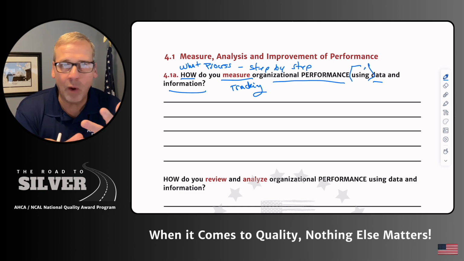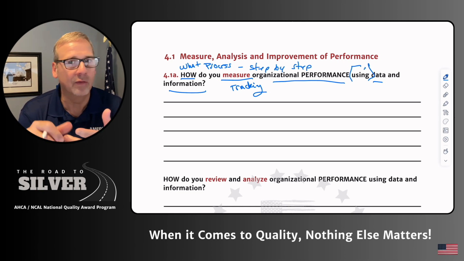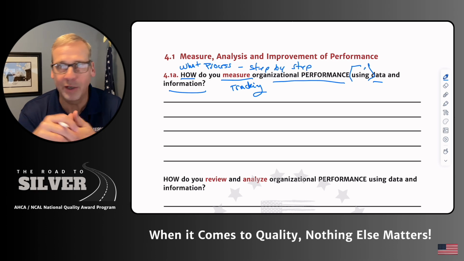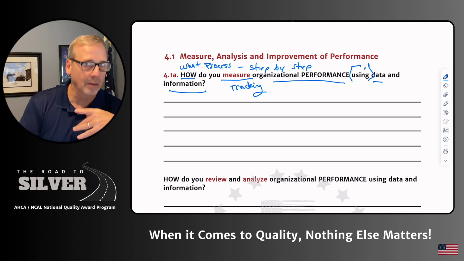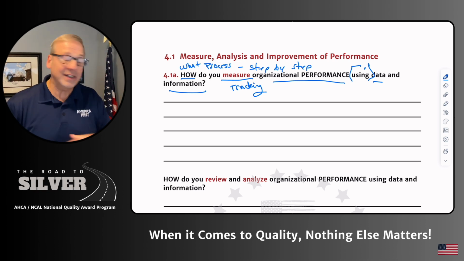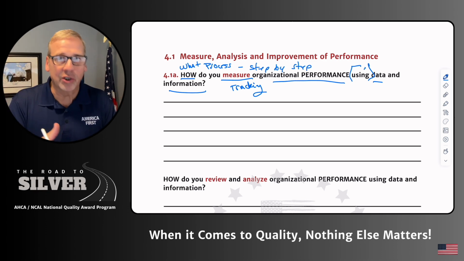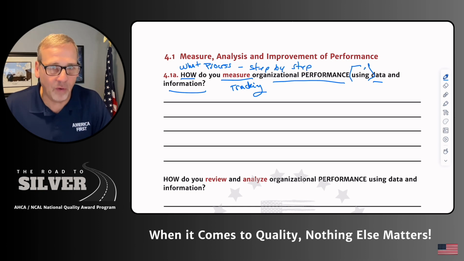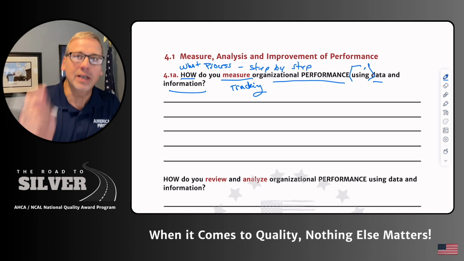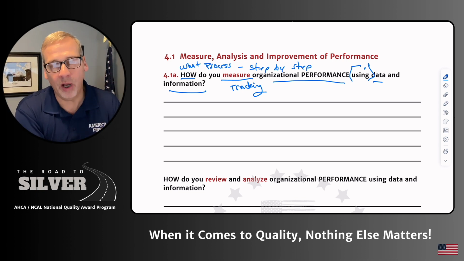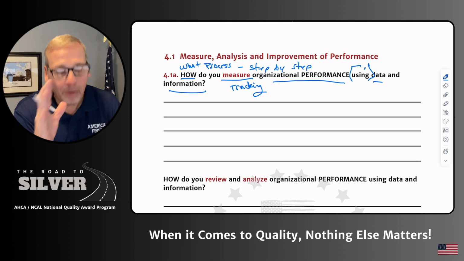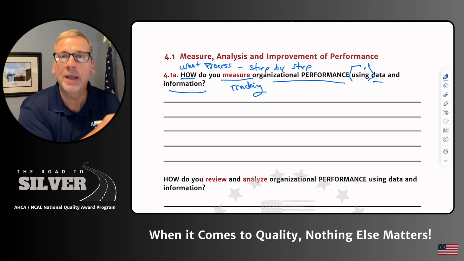Are you tracking quality measures? Are you tracking turnover? Are you tracking profitability? Are you tracking number of deficiencies, number of complaints, resident satisfaction? What are you tracking to measure your organization's performance? That question was part of P1A3 in the bronze application.